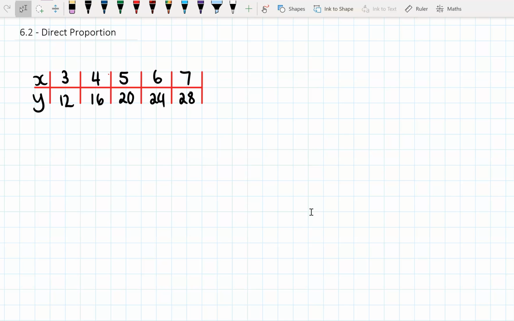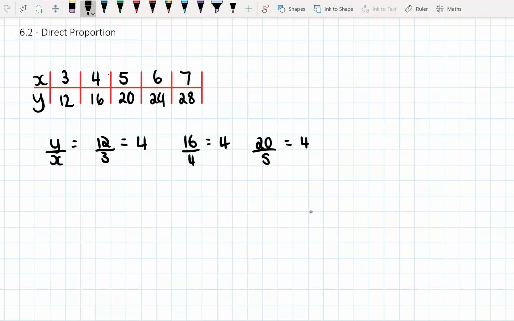You can see here from the table that I've made, we've got x and y values. If we look at this table, you can see, hopefully, that each time if we do y divided by x, we get a pattern. 12 divided by 3 gives 4. 16 divided by 4 gives 4. 20 divided by 5 gives 4. 24 divided by 6 gives 4.